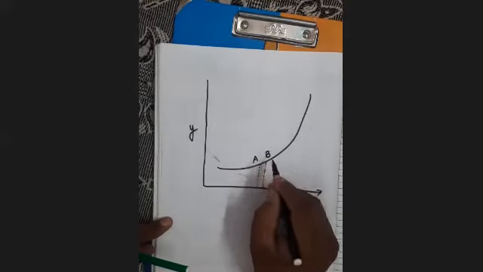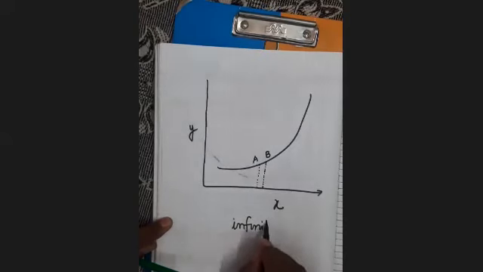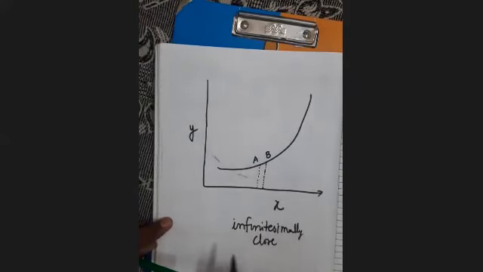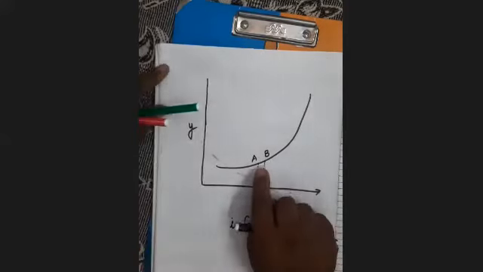When we say infinitesimally close, it means very next to one another, both beside each other.